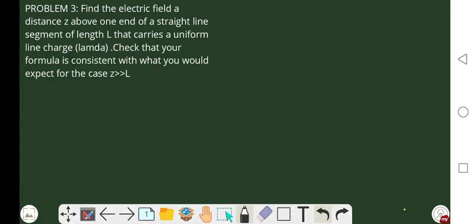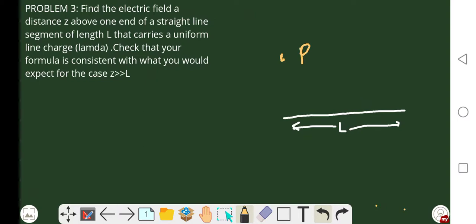So I take a straight line segment of length L, and at the end of this line we will take a point called P. Actually, here we have to find the electric field. So we place this system on a coordinate system.